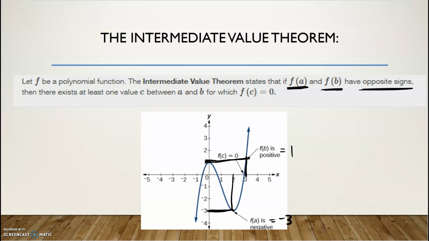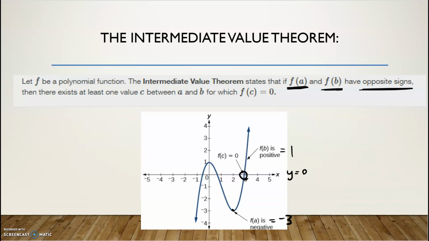So that means we're going to have an x value that when you plug it in, y is going to be 0. So right here, y is 0 when you cross the x-axis. It's like when you're finding intercepts.